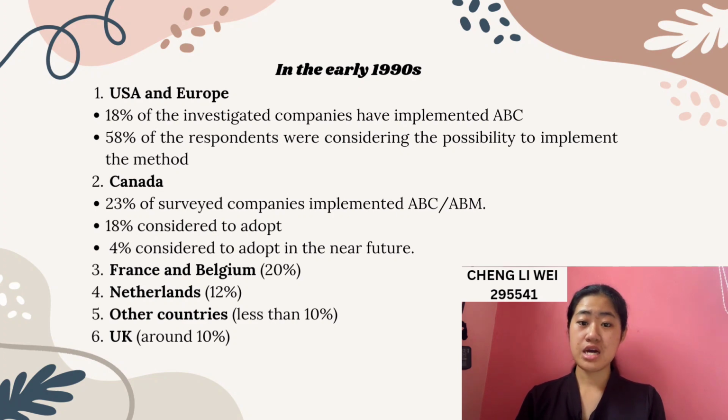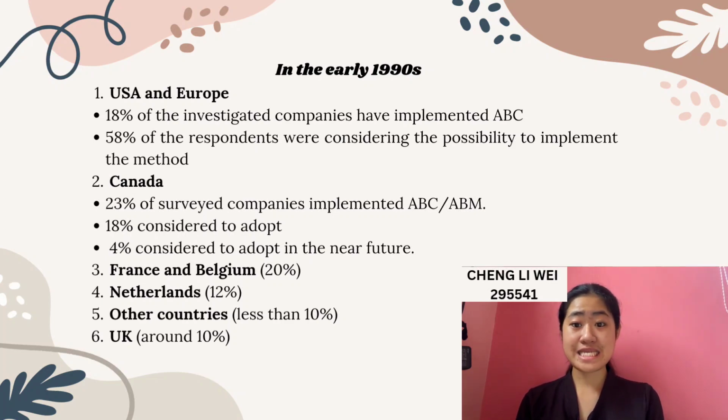In Canada, around 23% of surveyed companies implemented ABC or ABM, 18% considered adopting, and 4% considered adopting in the near future. In Europe, the adoption rate was similar. In France and Belgium, the adoption rates were around 20%, in the Netherlands around 12%, while in other countries less than 10%.